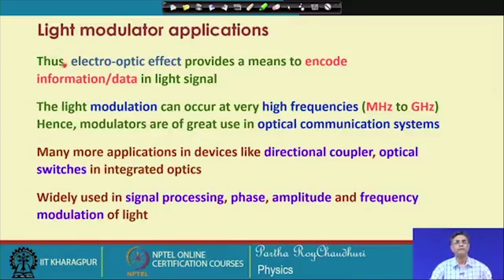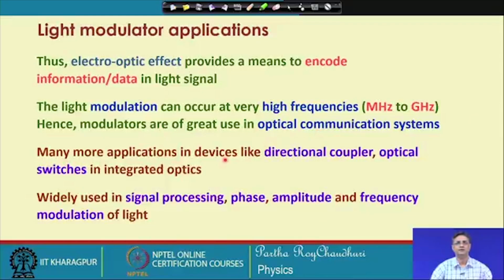Thus, the electro-optic effect provides a means to encode information and data in the signal. The light modulation can occur at very high frequencies, and that is the beauty of this electro-optic effect. It can be in the range of megahertz to gigahertz. Hence, the modulators are of great use; in fact, many commercially available electro-optic devices are used in optical networks and optical communication systems.